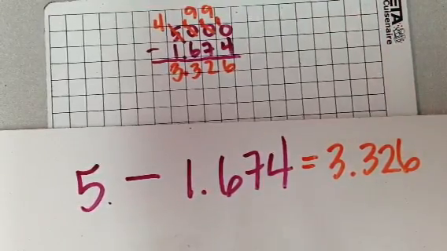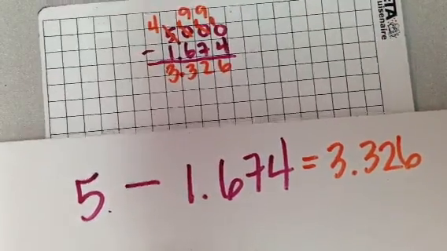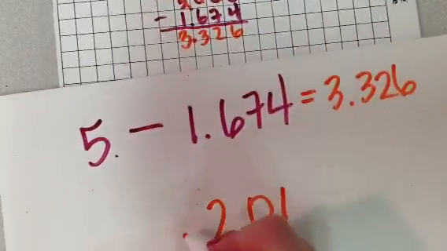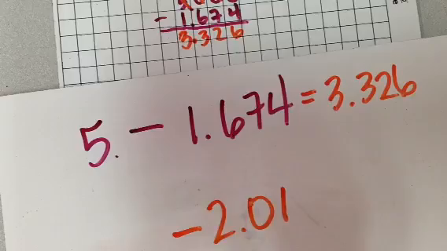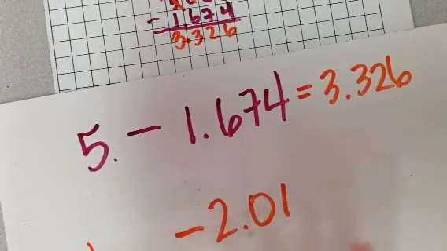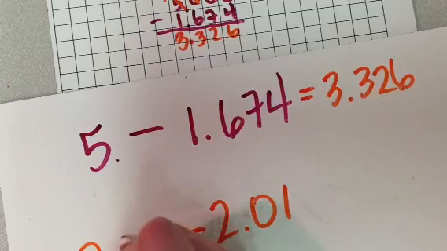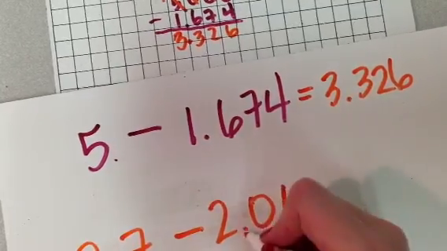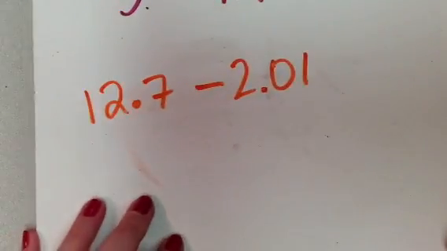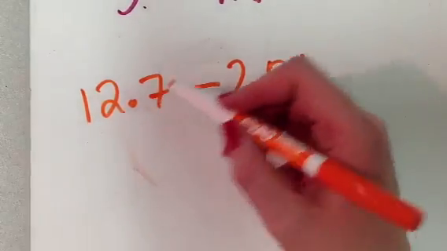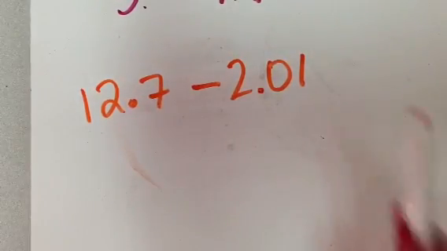So the same happens when I have wonky things like this, right? Okay, so here I've got decimal points. I've got 12.7 minus 2.01, or 12 and 7 tenths minus 2 and 1 hundredth.